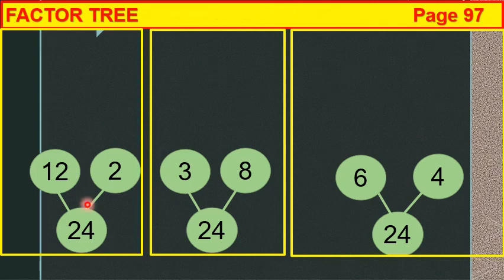Now we have to draw a factor tree for 24 in different ways. 24 being the root is placed down. Now 12 twos are 24, 3 eights are 24, 6 fours are also 24, and 1 twenty-four is also 24.